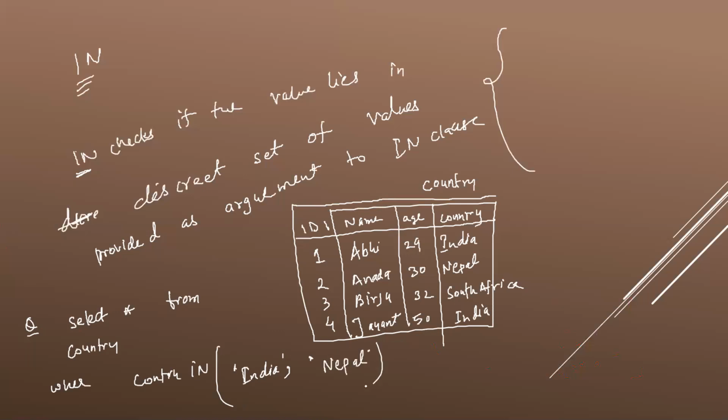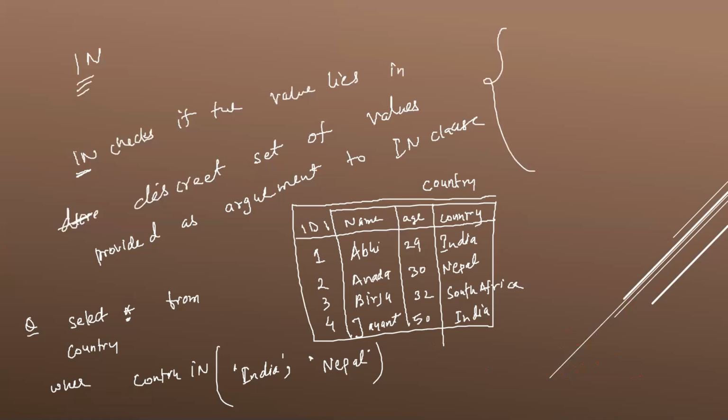How many results? Select star from country where country in India, Nepal. Select star means select everything: ID, name, age, and country, all the columns.